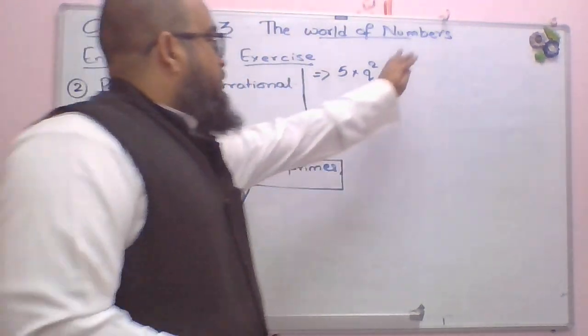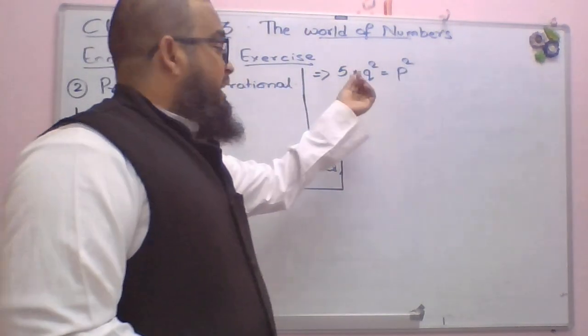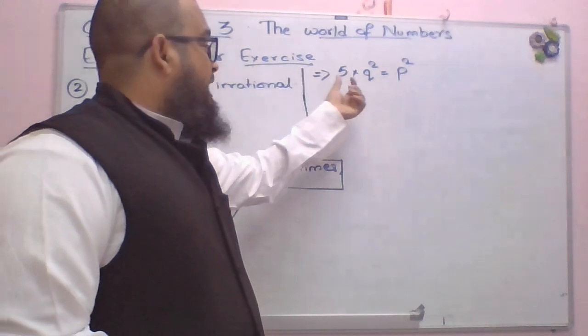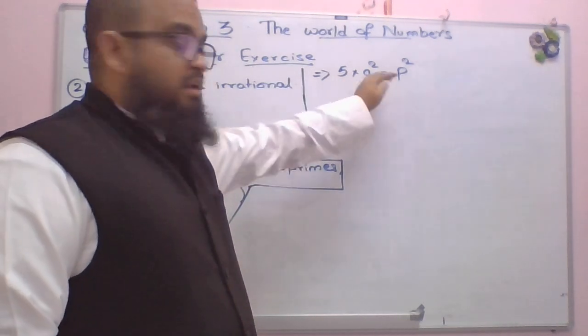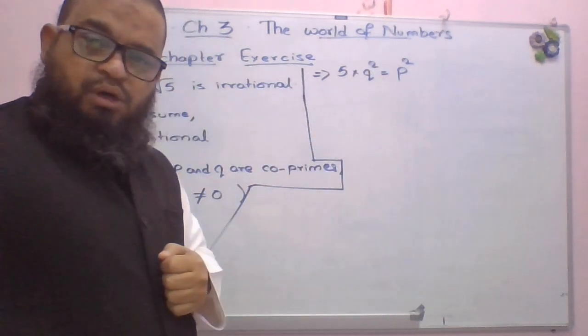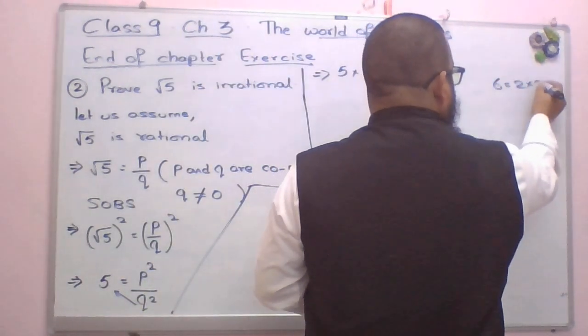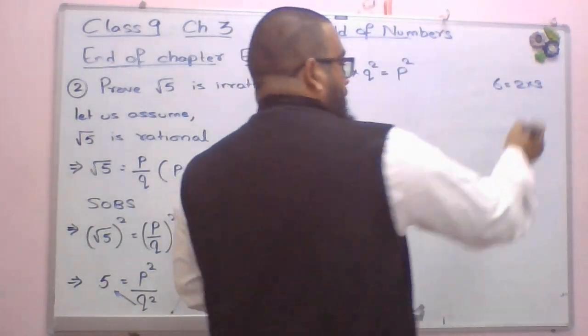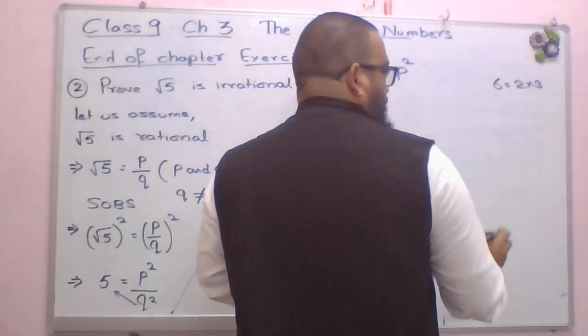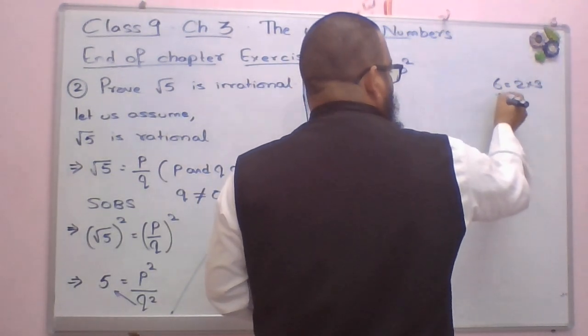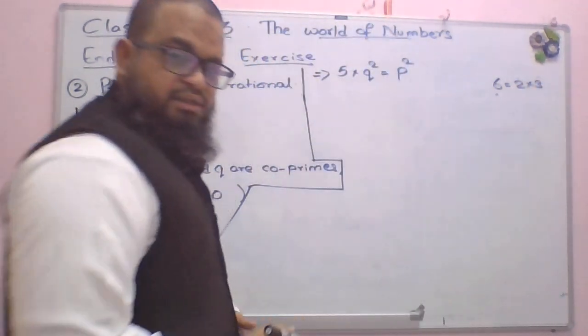So now p square is a number, and it can be expressed as a product of 5 and some other number. That means what? For example, I'll explain you. 6 can be written as 2 into 3. So that means 6 is divisible by 2, and the same way 6 is divisible by 3. Is it right?